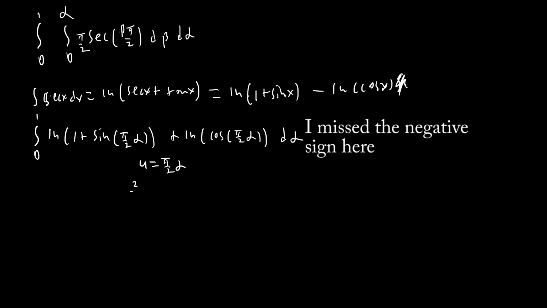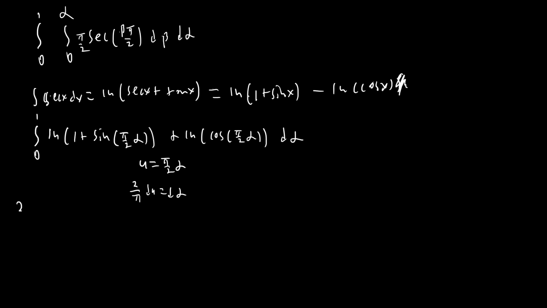So 2 over pi du equals d alpha. So we're going to get 2 over pi times the integral from 0 to pi over 2 of natural log of cosine of u, which is something that's very well known and we've proven in previous videos. So this just evaluates to negative pi over 2 ln 2.